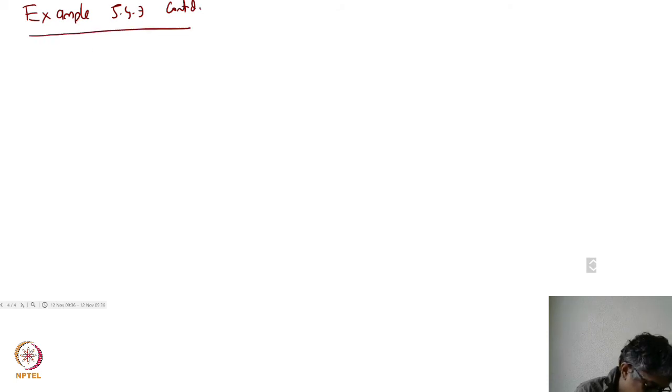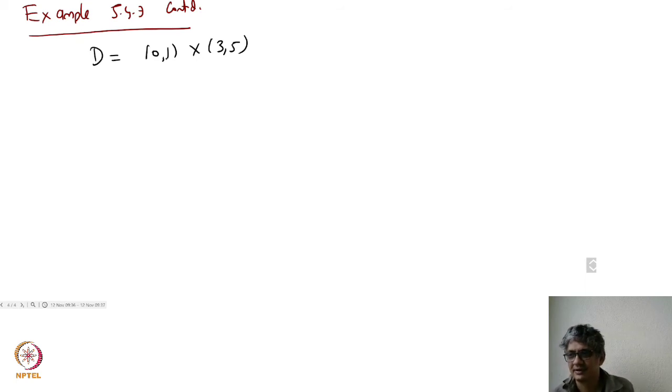Let's say I take my D to be the interval 0, 1 cross 3, 5. That is the rectangle.